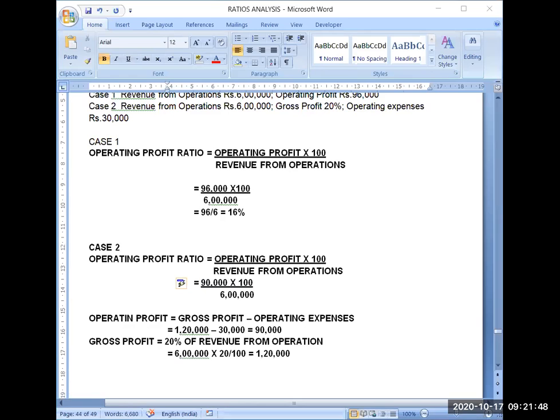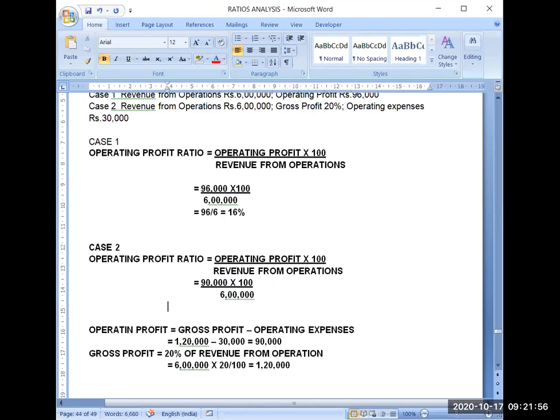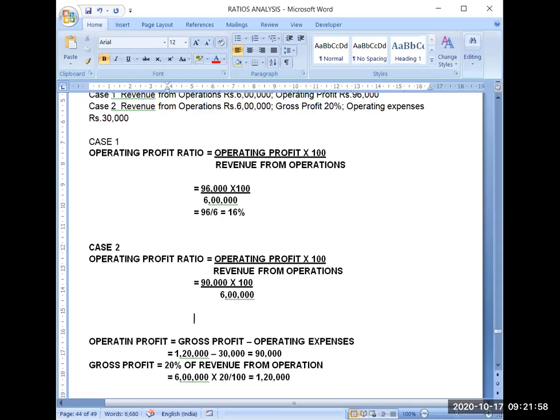So 5 zeros will be deleted in numerator and denominator both. So the remaining part will be equal to 90 upon 6. 90 upon 6, and that's why it will be 15%. It will be 15%.